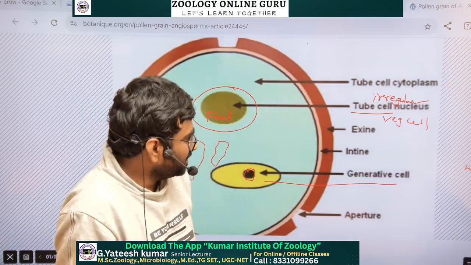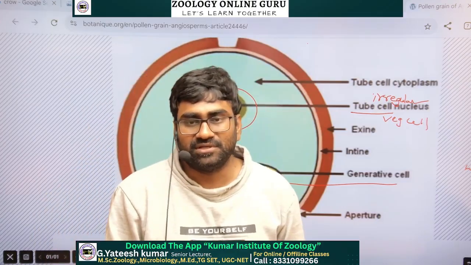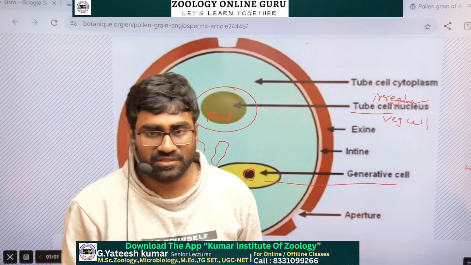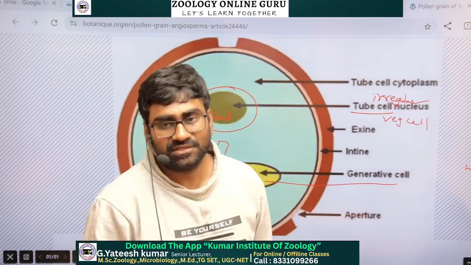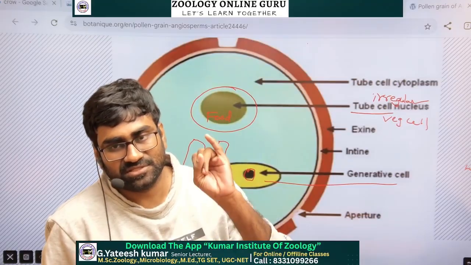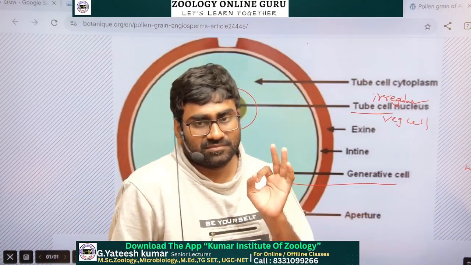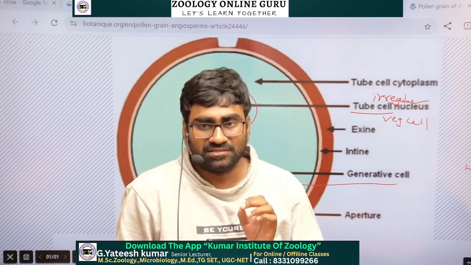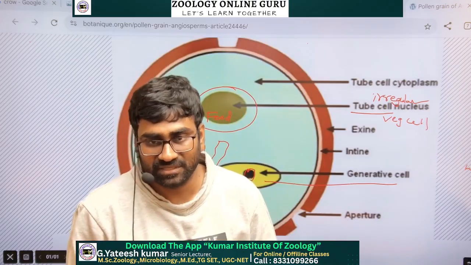So remember, very important, at the germpore regions sporopollenin is absent. Another important question from the examination point of view: 60% of angiosperms shed their pollen grains at the two-celled stage, that is vegetative cell and generative cell, and in the remaining 40% of angiosperms, the generative cell divides mitotically to give rise to two male gametes.